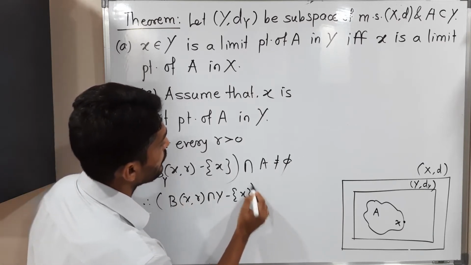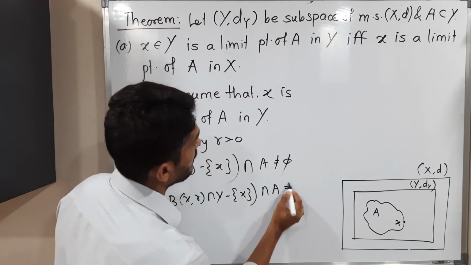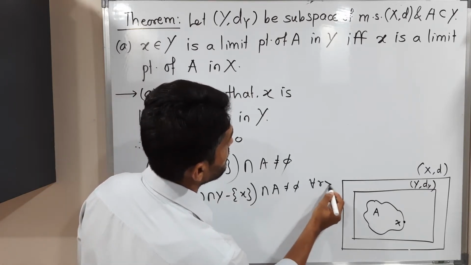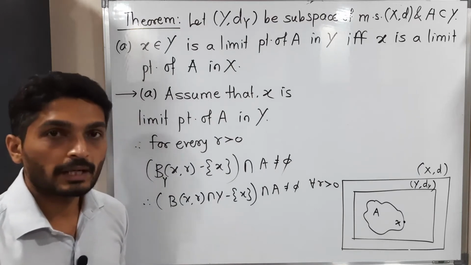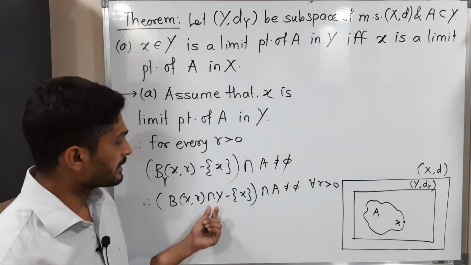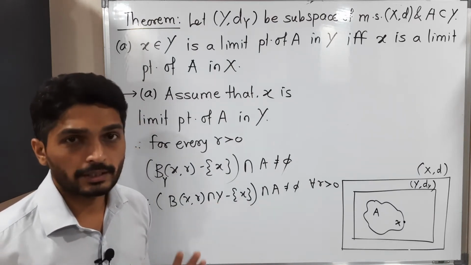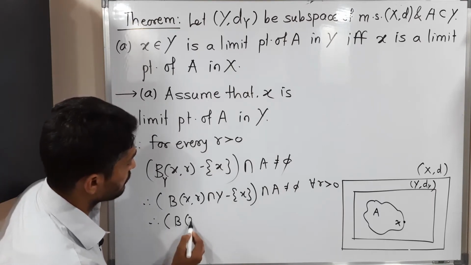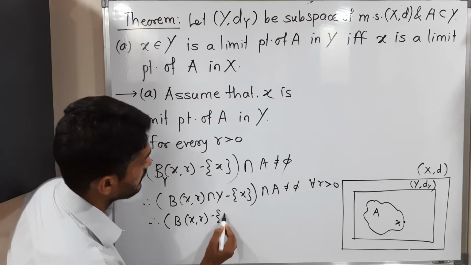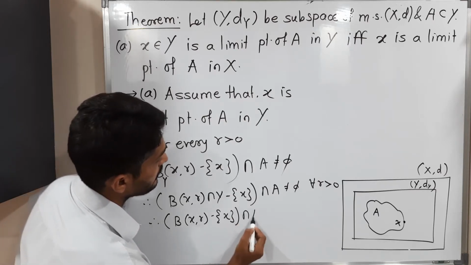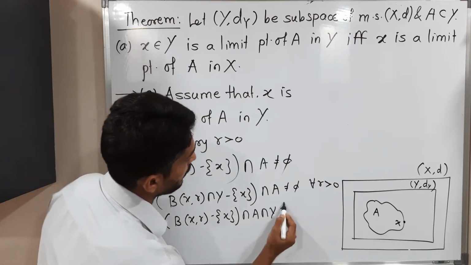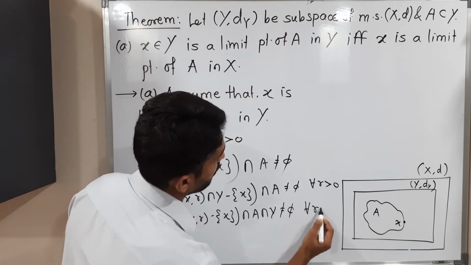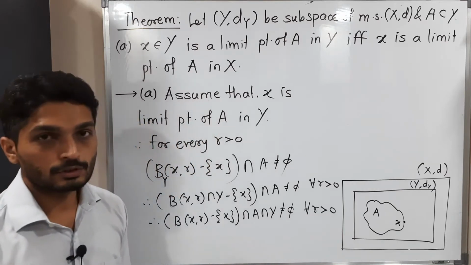In the previous video, we discussed and proved one theorem related to that, so I am writing it directly. The intersection with Y we can take outside. Therefore, what can we write? The remaining things I am writing as they are. B(x,r) minus singleton x, intersection A, intersection Y, not equal to phi, for every r greater than 0.